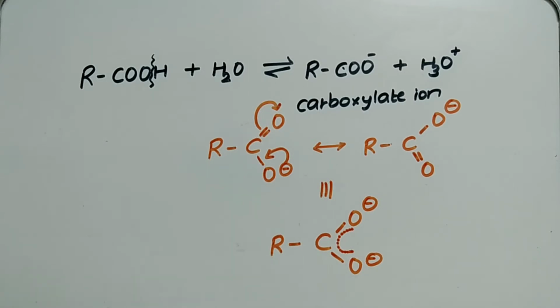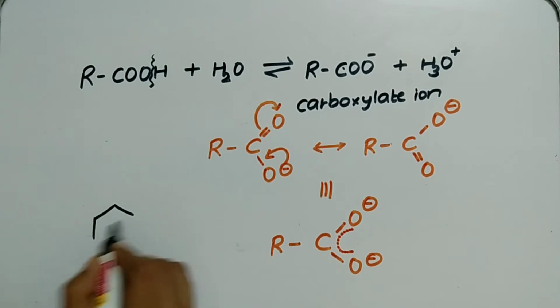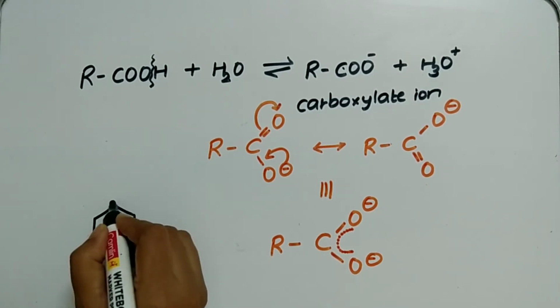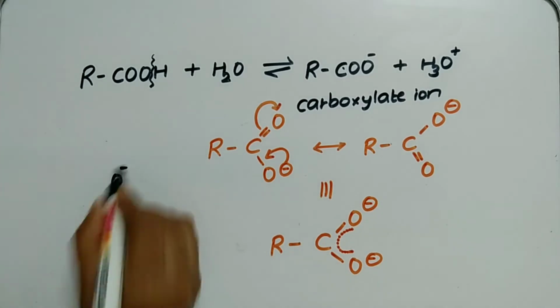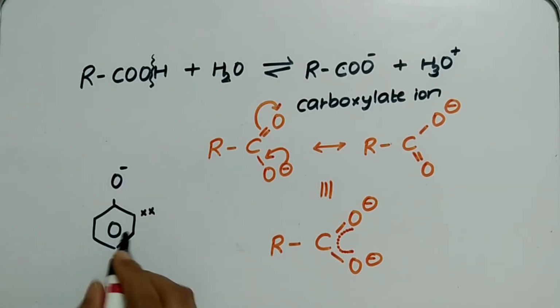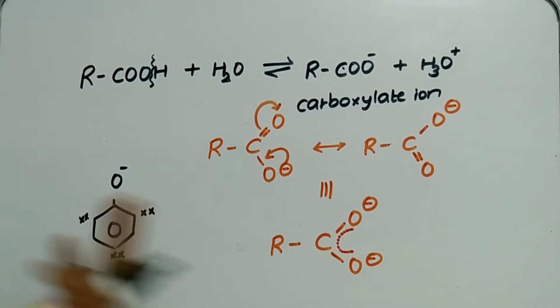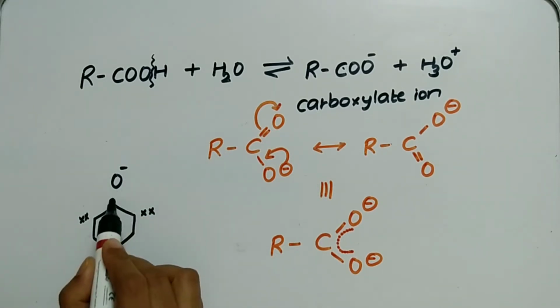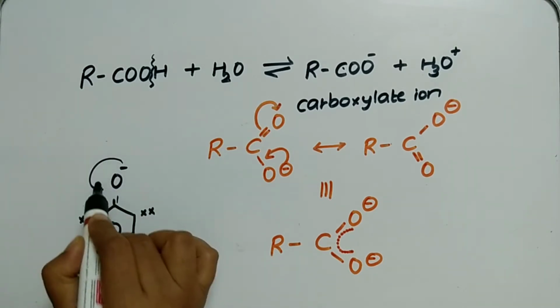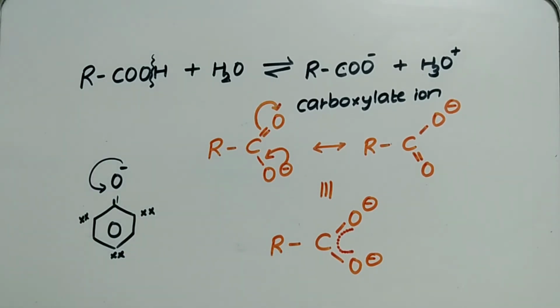Now compare the resonating structures of phenols as well as carboxylic acid, that is, carboxylate ion. If we take the resonating structures of phenoxide ion, we will get the electrons on ortho and para positions. I am not drawing all the resonating structures, but just understand that during resonance there will be a double bond between the carbon and oxygen, and this electron will be shifting, delocalization of electrons.